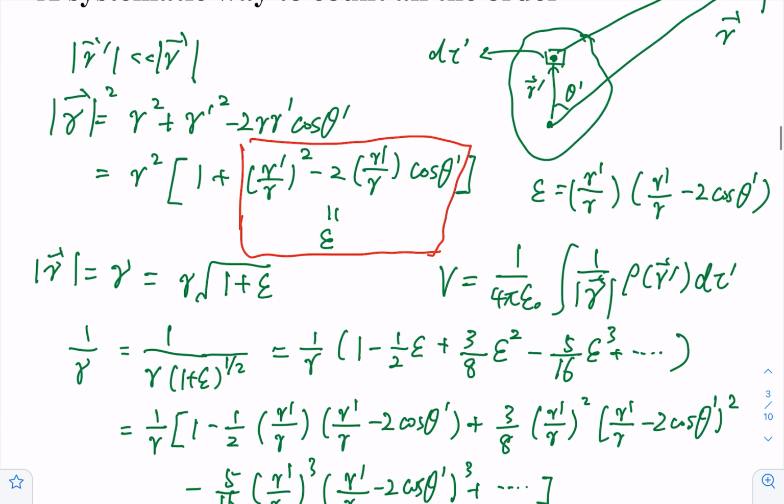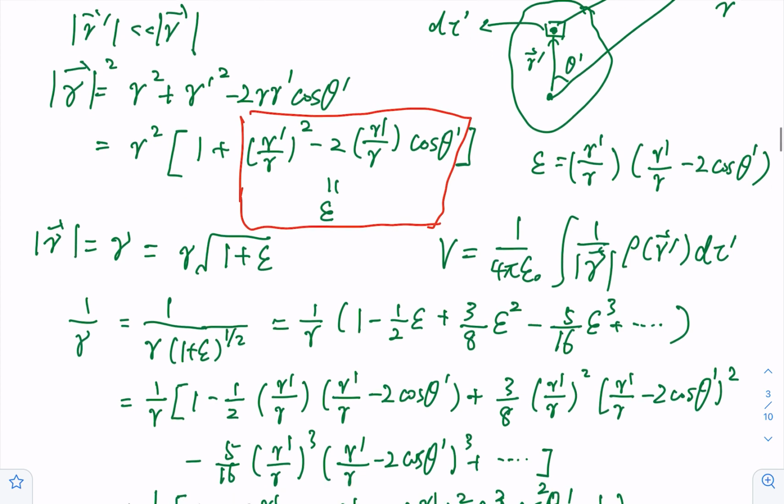In this limit, we can define r prime over r, and terms that involve r prime over r, as a small quantity. Let's call this epsilon. Because the superposition principle implies that we only need to consider how this 1 over separation vector behaves, we simply need to integrate that over all this volume charge distribution.